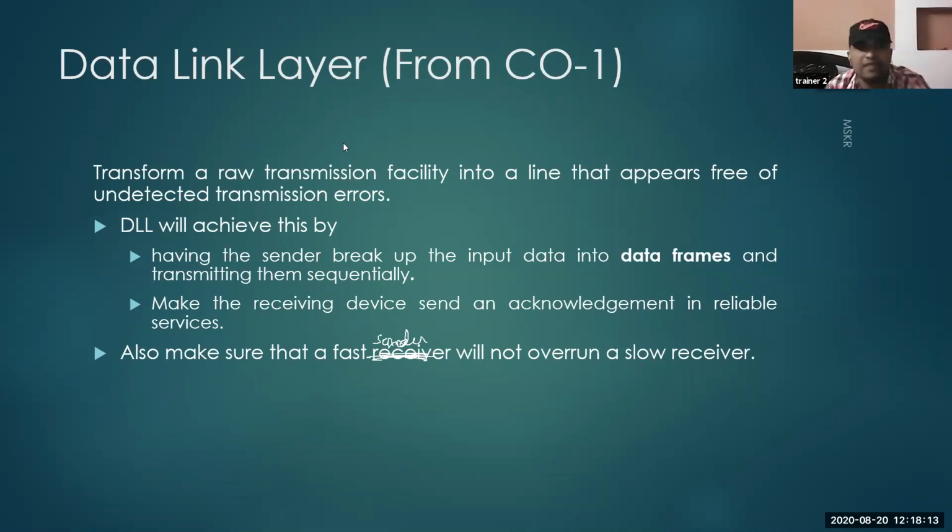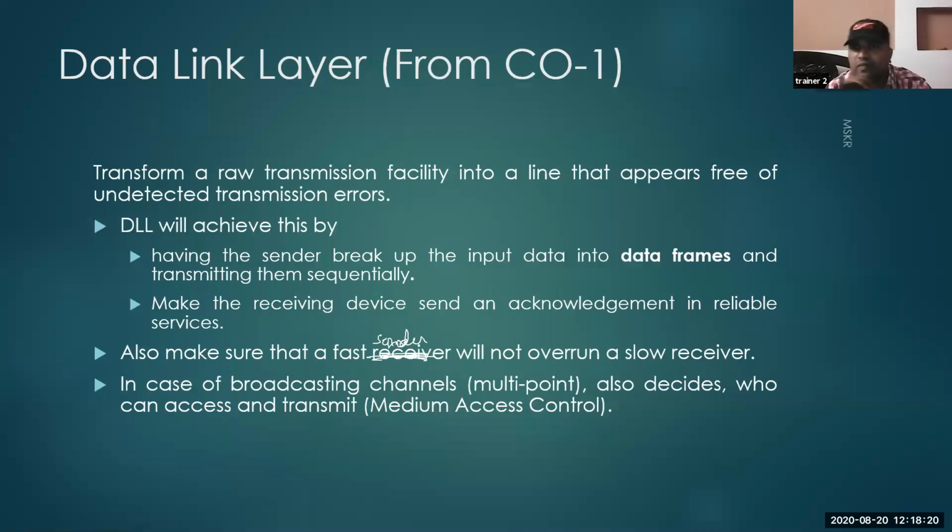And the next thing: when multiple users are sharing the same communication medium like Wi-Fi or Bluetooth, if while one person is sending some information, all the other persons are also sending their own information, there will be a lot of confusion. A practical example is our classrooms.